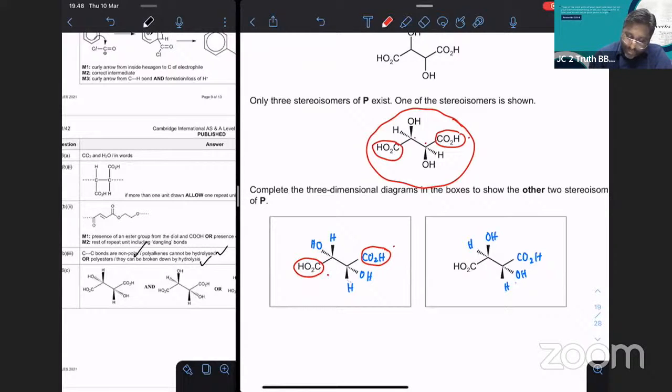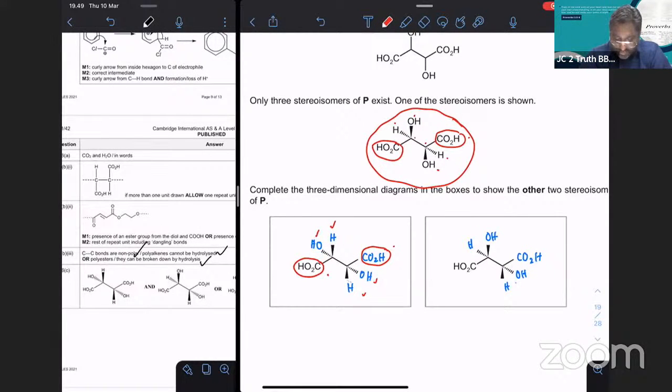So here, what I change, I bring the OH over here. I change position. I put the OH here, H over there, change position. And then the H and OH, I change the position. So that's the first one I did.